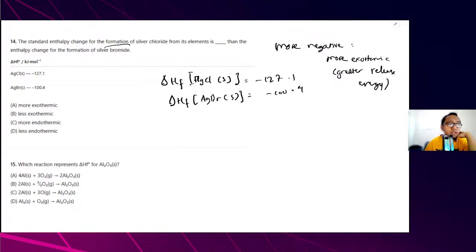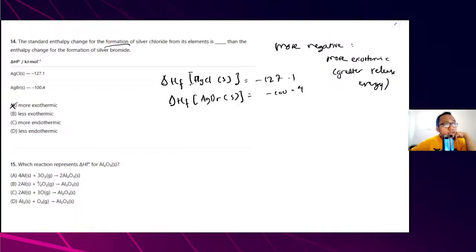Less negative is the opposite: less exothermic and more endothermic. Here AgCl is more negative. So the standard enthalpy change for the formation of silver chloride from its elements is more exothermic than that for the formation of silver bromide. Yeah, that's true.